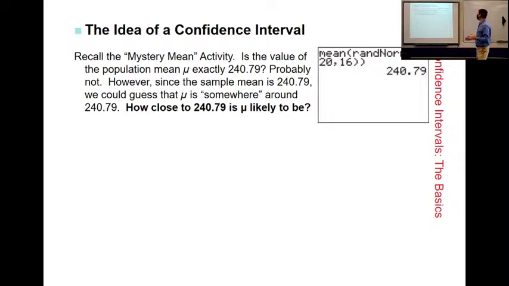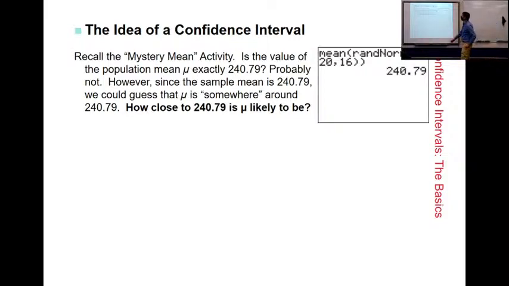And so, this slide is not in your notes. But it's starting to get at the idea. Let's say that I stored a mean on the calculator. And I drew a sample that has a specific mean, and I'm going to tell you what the standard deviation is, but I'm not going to tell you what the mean is.